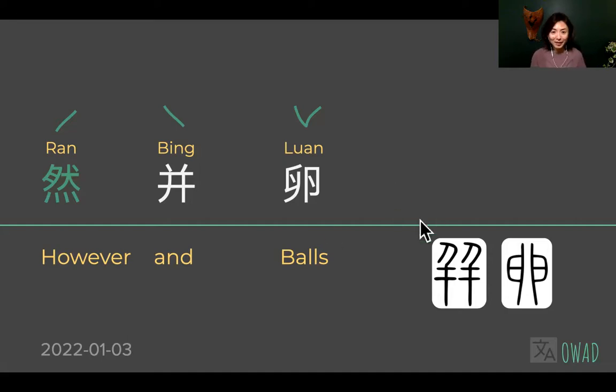卵. Okay, this is written originally like this. It's symmetrical, right? But in written forms, because writing this way is a little bit more difficult, it's written like this, and it looks almost symmetrical, but the two sides are not exactly the same. That way, it's probably easier for the eyes to distinguish as well.